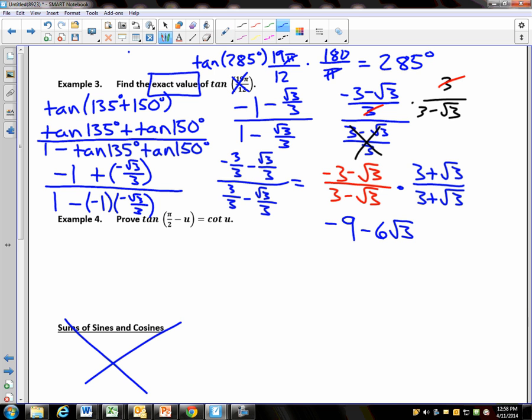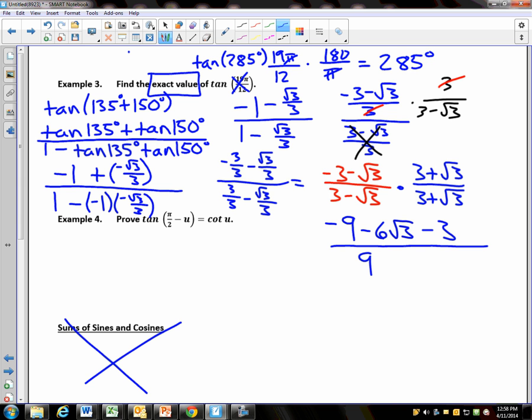Then we do negative root of 3 times root of 3 gives me negative 3 over 3 times 3, 9. 3 times positive root of 3 and 3 times negative root of 3, those go away, which is why I multiplied by the conjugate.